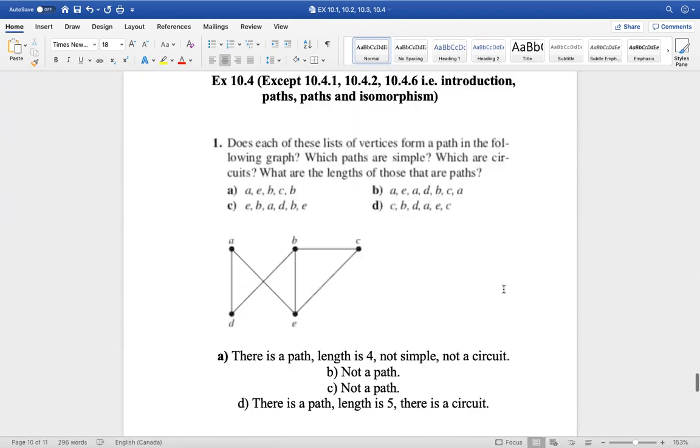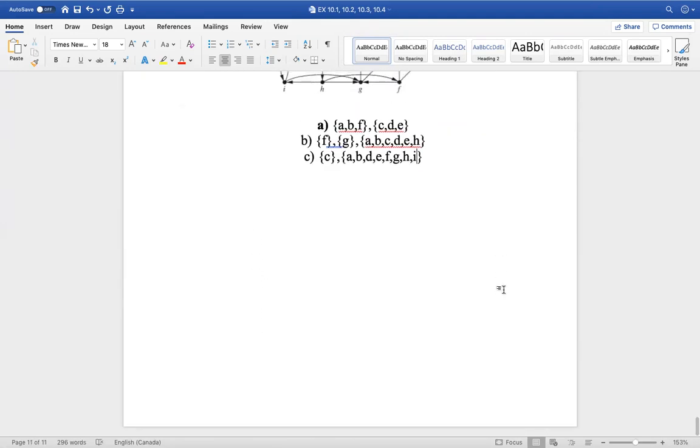This tutorial covered exercises 10.1, 10.2, 10.3, and 10.4. There were very limited questions that we took from exercise 10.1 and 10.4. Our main focus was on 10.2 and 10.3, so make sure to try those out.